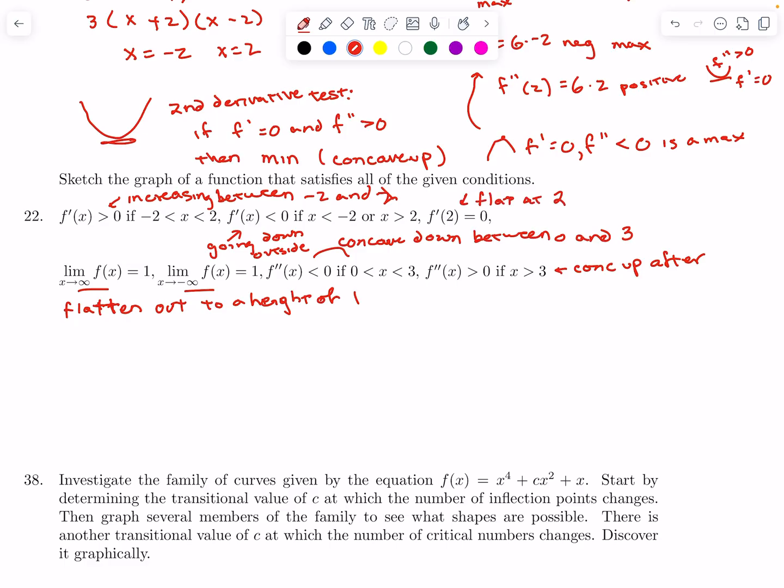Okay, so what do we do? Let's see. I needed to level off to a height of 1 on both sides, so I'm just going to draw in a dotted line at 1.